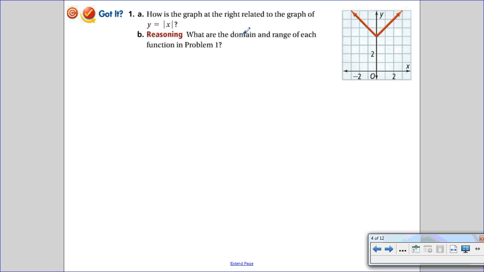So remember, domain is like your input, your x's, and the range is your output, your y's. So for this one, what's your domain? What possible x values could you have? Well, your domain is all real numbers, because it can be anything.